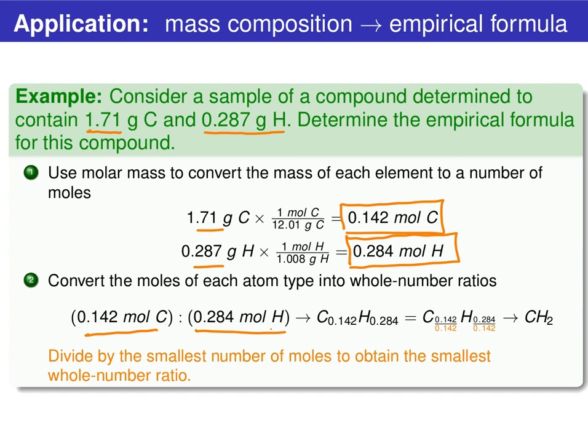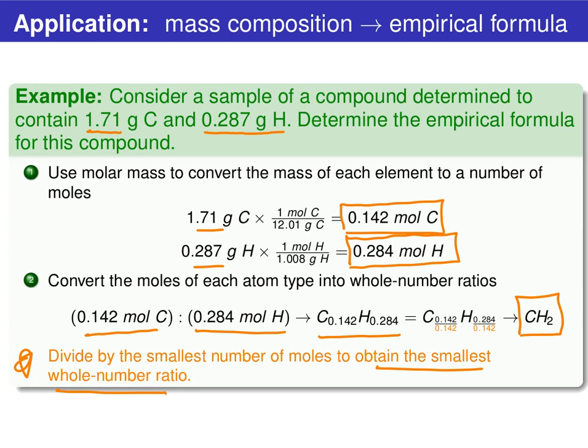But of course, nobody wants to be looking at an empirical formula that has these decimal places in it. Okay, so what we do then is we're going to divide by the smallest number of moles to obtain the smallest whole number ratio. So in this case, carbon had the smallest number of moles, so we're going to divide both of these subscripts here by the subscript for carbon, and we will arrive at our empirical formula of CH2.